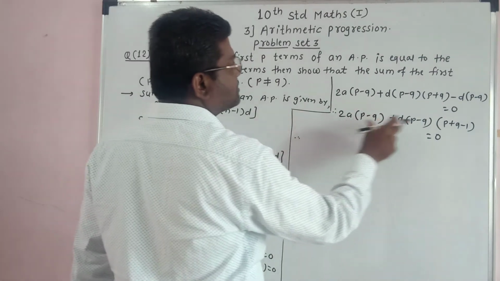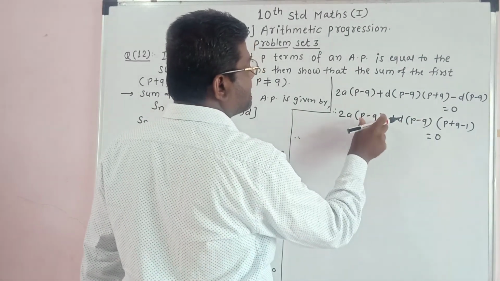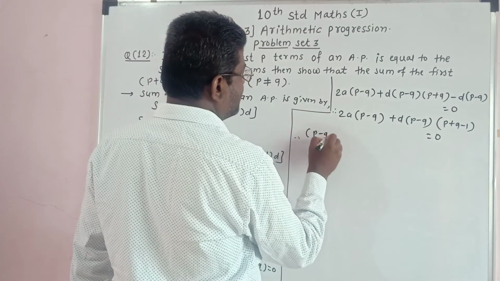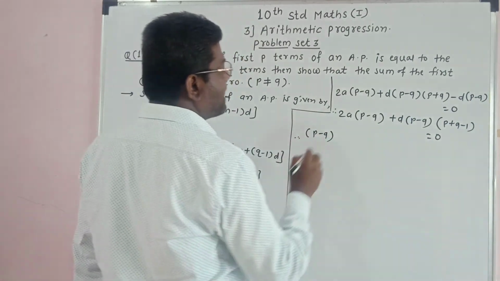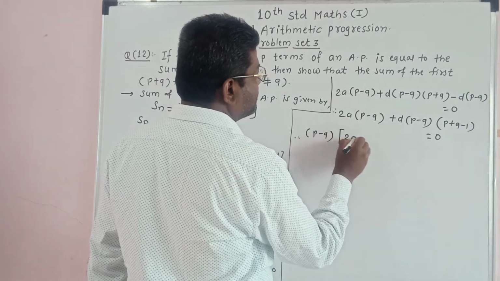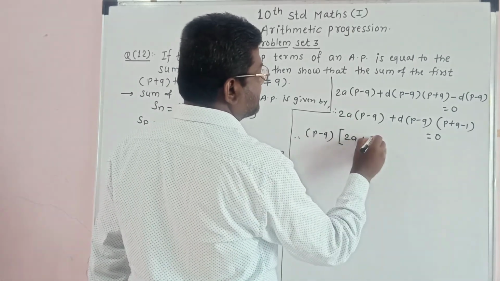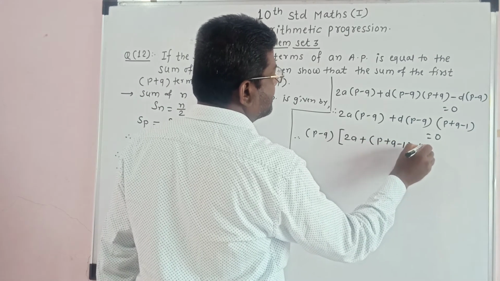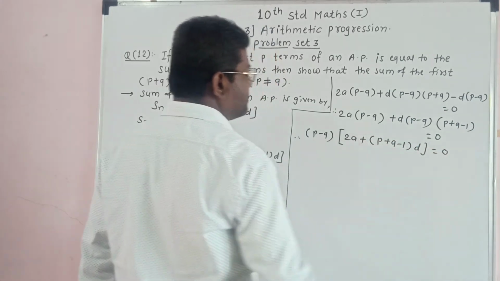Now from these two terms we can take p minus q common, therefore p minus q in bracket, and then another bracket there will be this term 2a plus p plus q minus 1 into d is equal to 0.